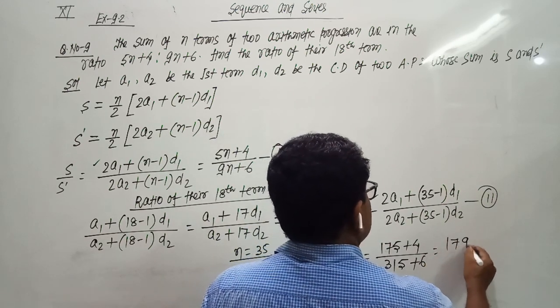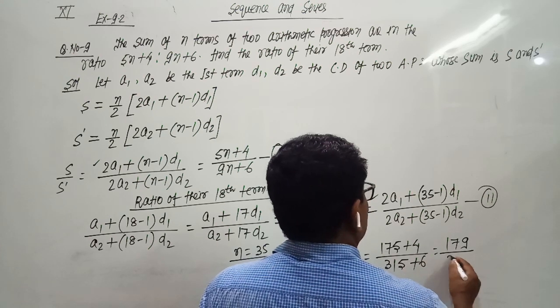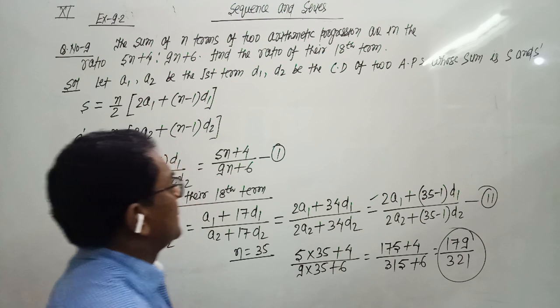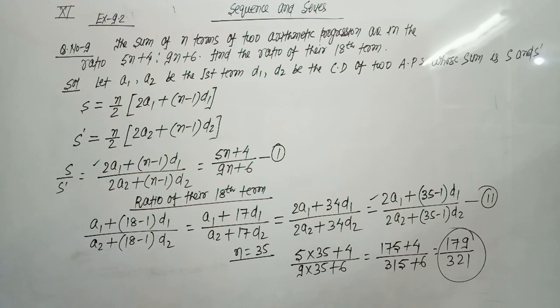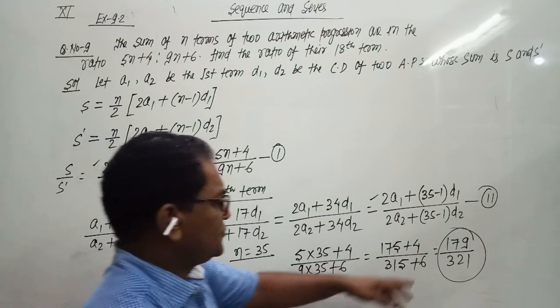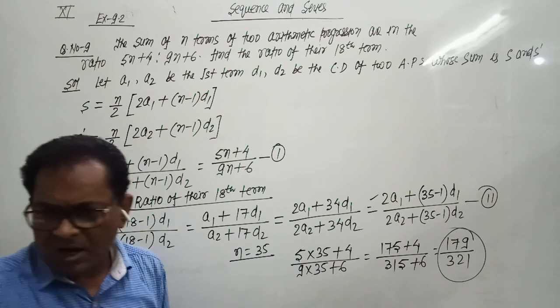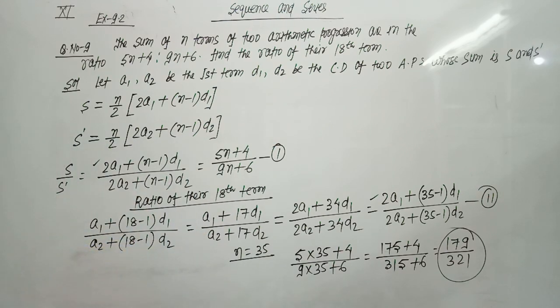This comes to 179 upon 321. So this is the ratio of their 18th term.